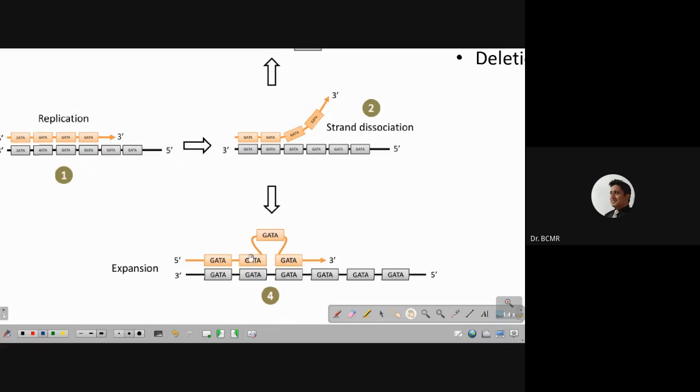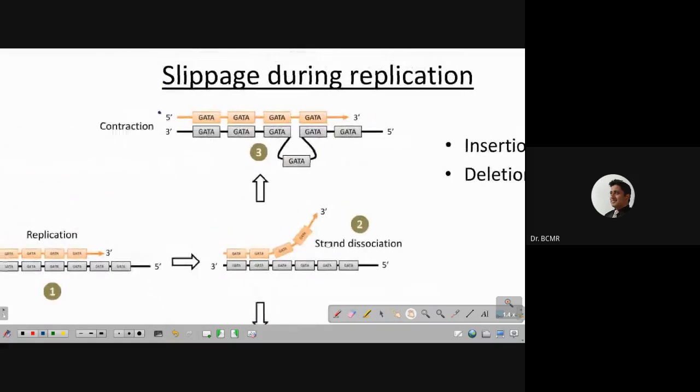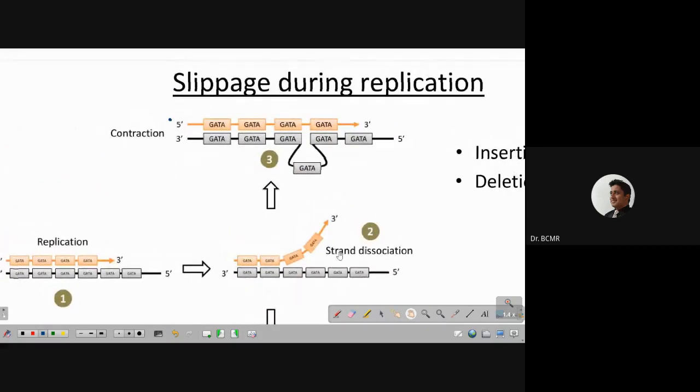So the primer or the newly synthesized strand is having an extra GATA, that is insertion. Because of replication, there has been insertion, and this is because of slippage of the primer here. You can also think of another possibility from strand dissociation.